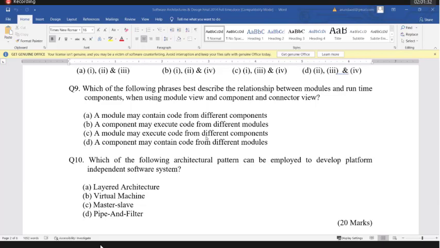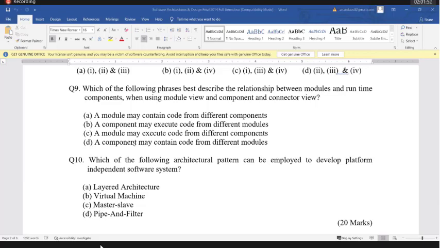Module may execute code from different components. Module doesn't execute. The module represents something.